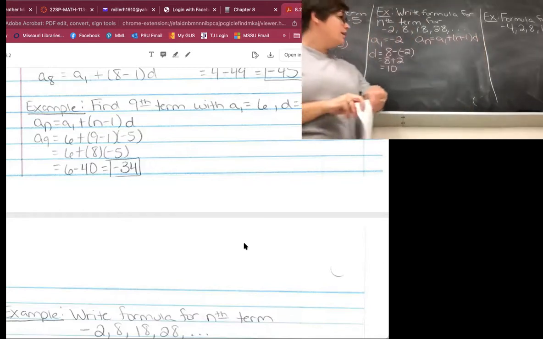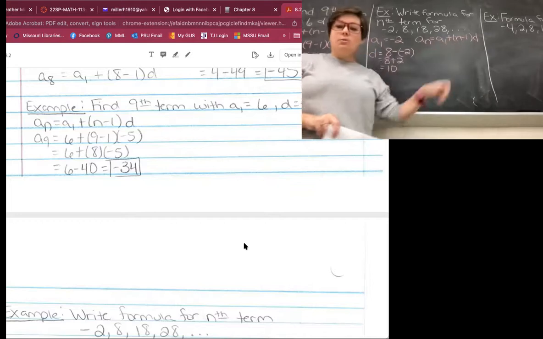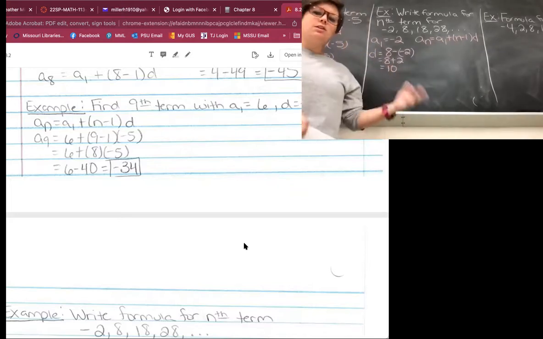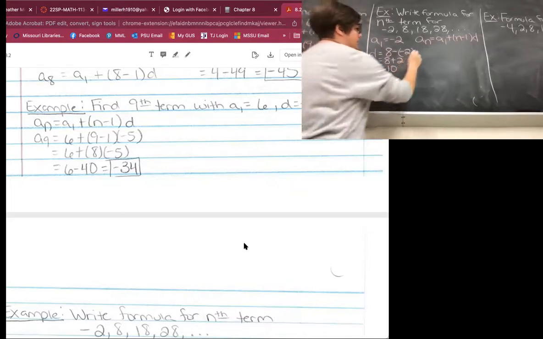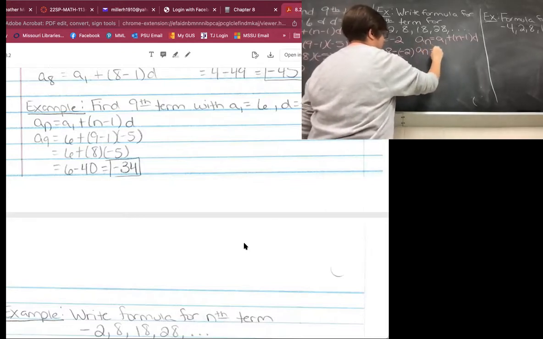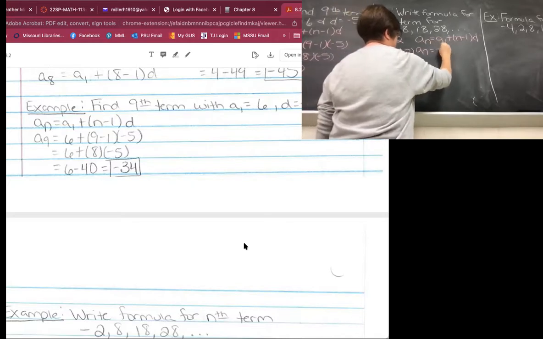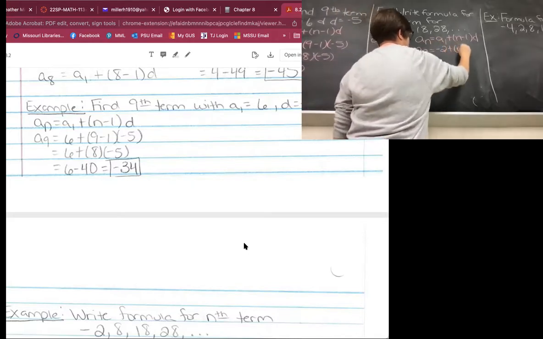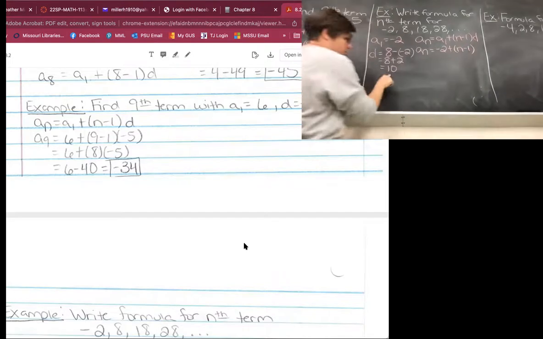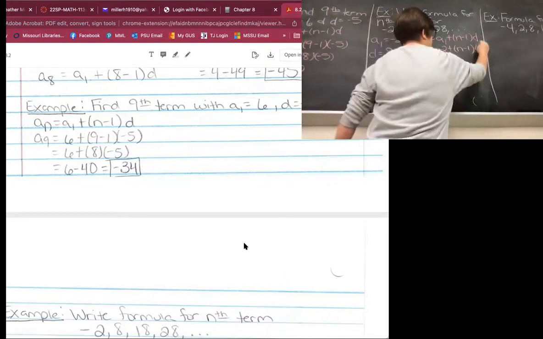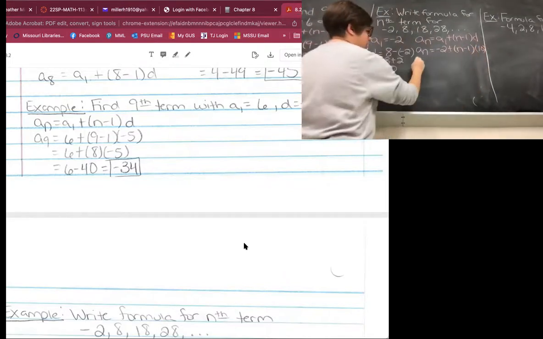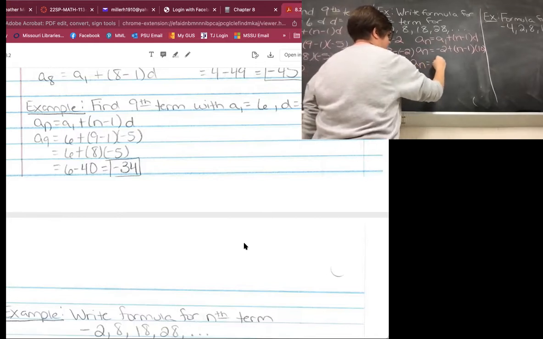Now, we don't have an n in this case because we want to figure out the formula for the nth term, so we're not going to substitute in an n, but we can substitute in for a sub 1. That's -2 plus n minus 1, and then our common difference we just found is 10, so times 10.